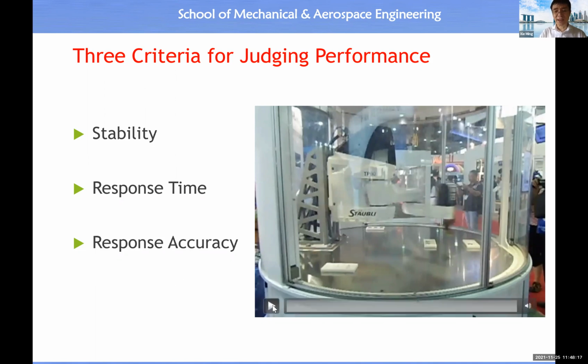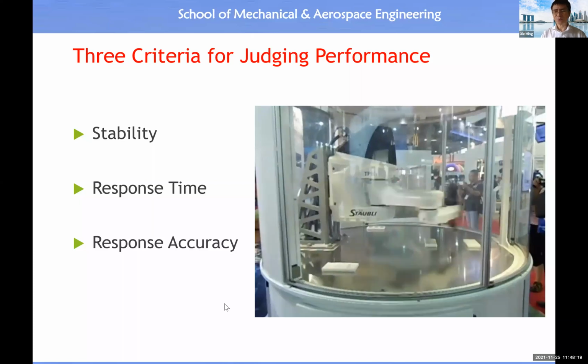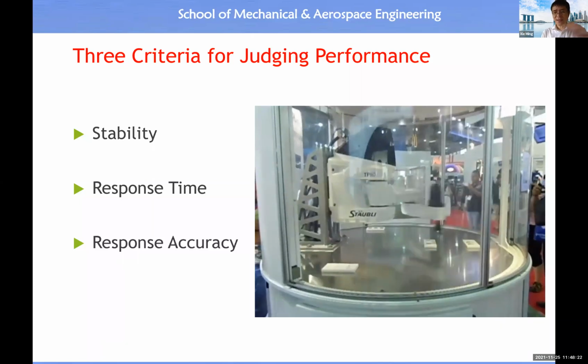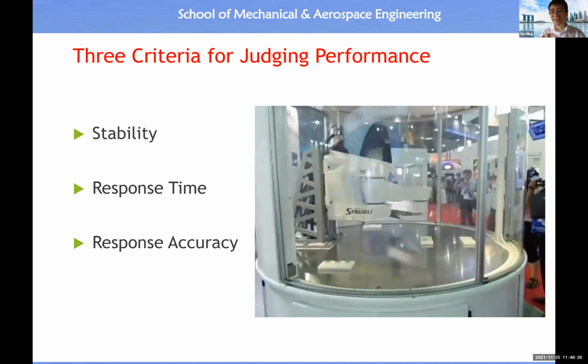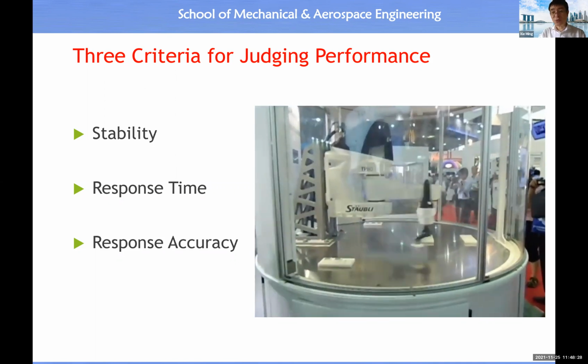This example shows you a typical response from a SCARA robot. So this is a SCARA robot. Now you see this robot has a very short response time, is very stable, and is very accurate.